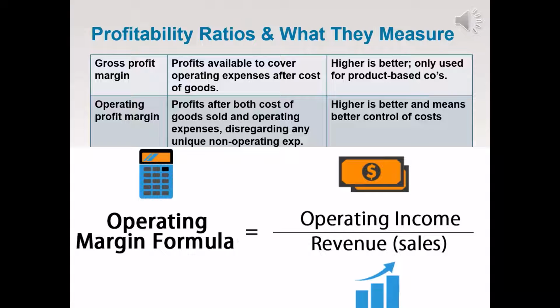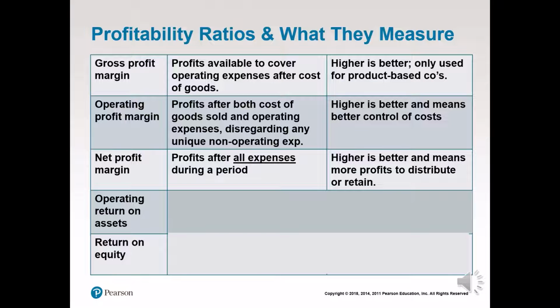The most common measure of profit is the net profit margin. This takes the profit after all taxes are considered. Again, a higher net profit is better, but it depends very greatly on the industry that you're in. Some industries, such as grocery stores, have a very, very low profit margin, between 1% and 2%.